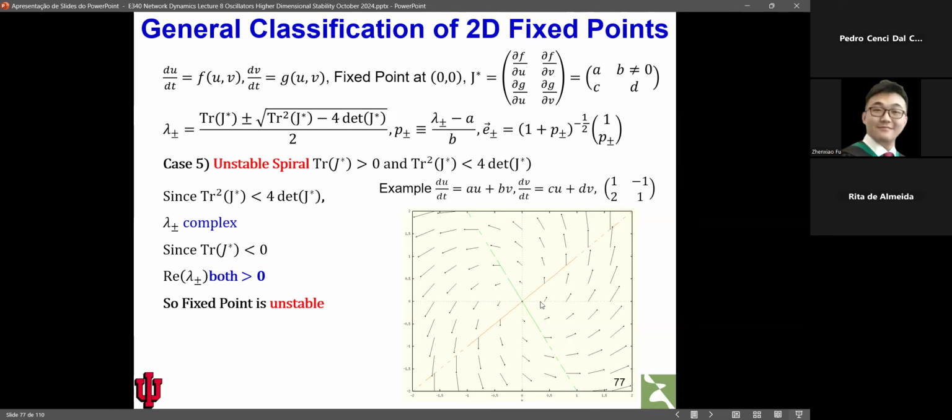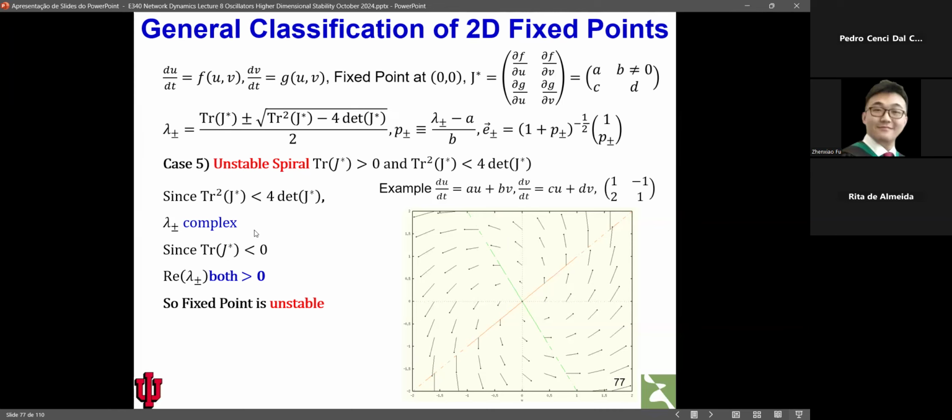You have a real part that is going to increase the size of both components of both eigenvalues, and this part that is complex will be translated into sine and cosine, so it's going to oscillate around, but with a larger and larger modulus, which means it's going to spiral out and not to the fixed point.